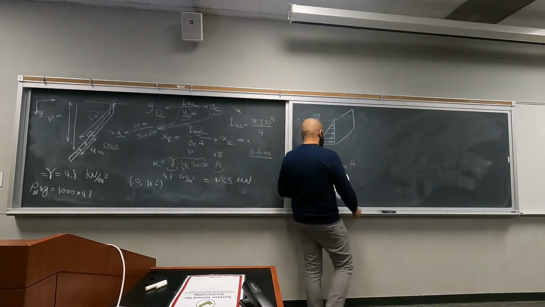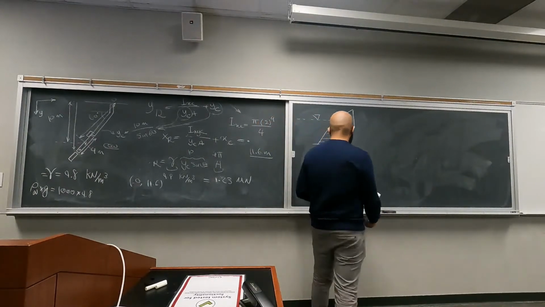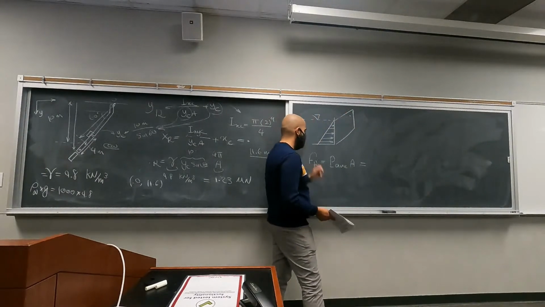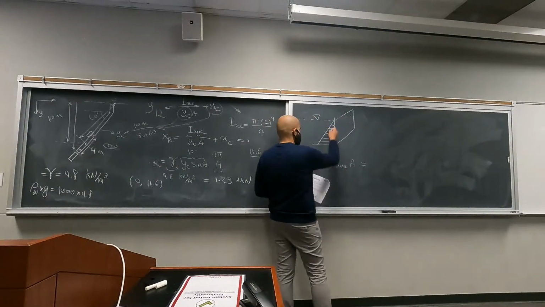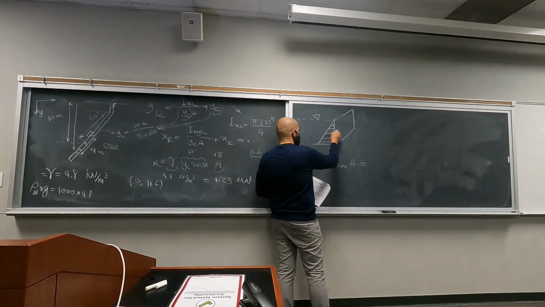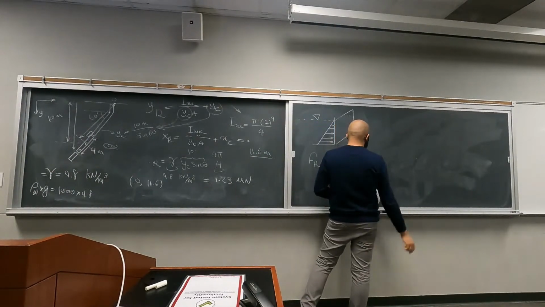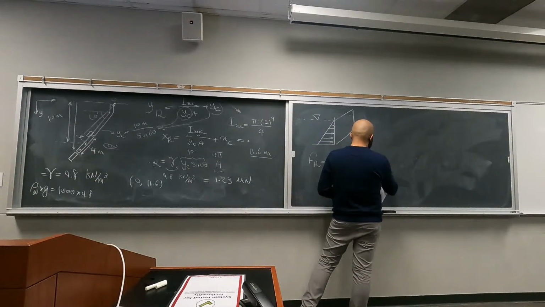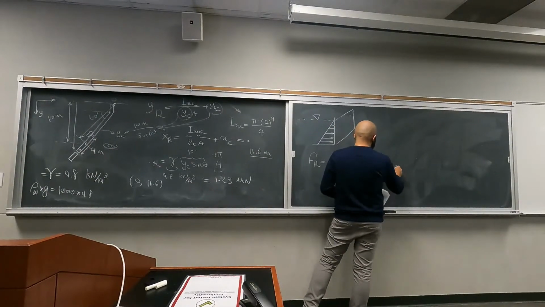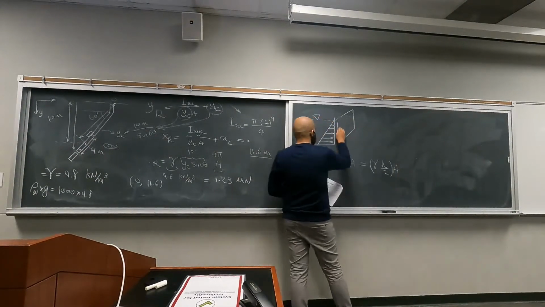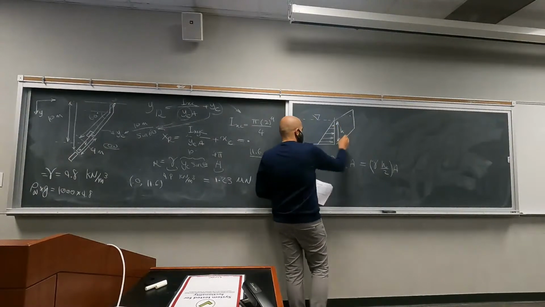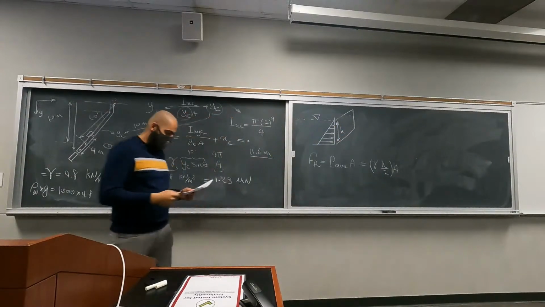That's another way of looking at it. In this specific case, because we have a linear distribution, the average pressure is essentially applied here. So it is going to be equal to gamma h over 2, let's say the height here is h, multiplied by A.